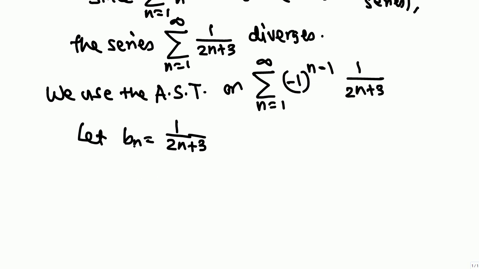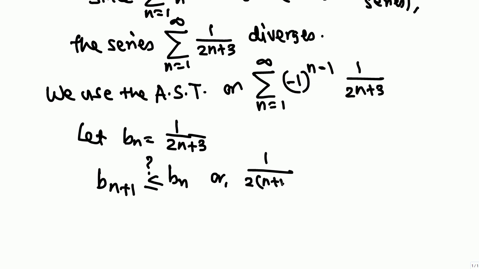That means the next term, bn plus 1, is less than or equal to bn. bn plus 1 means replace n by n plus 1, so 1 over 2(n plus 1) plus 3. Is this less than or equal to bn, 1 over 2n plus 3?